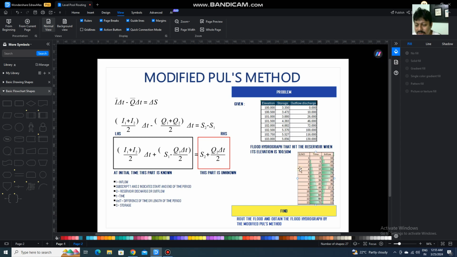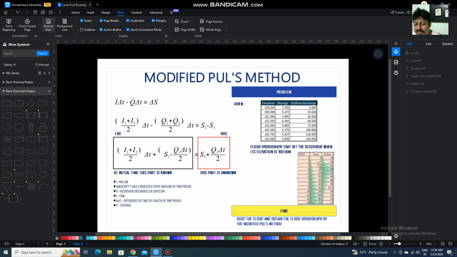So time 0 means the initial time, the starting time of the flood when it enters the reservoir, and at that time the elevation was 100.50 meter. Suppose I say that at 10 am the flood enters the reservoir, so the 0 indicates 10 am. How much water enters the reservoir? 10 cubic meter per second. After 6 hours, that means 10 plus 6 hours, it is 4 pm.